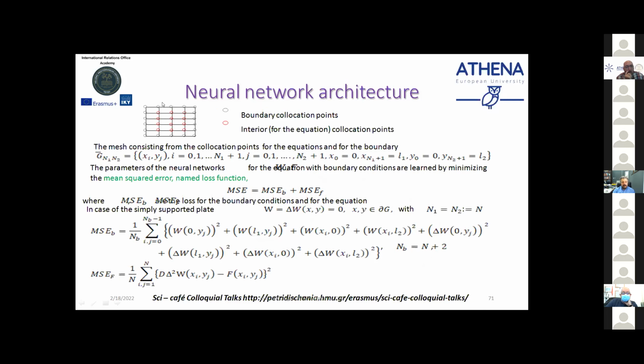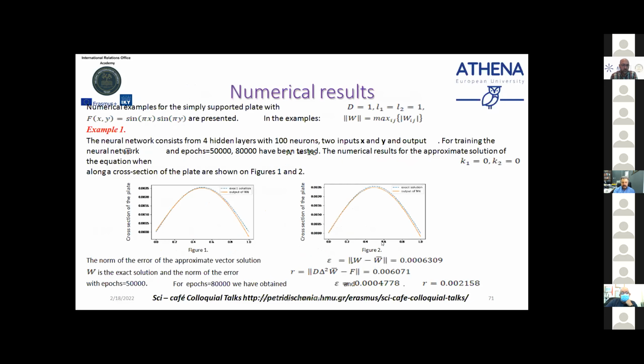In some way, the boundary conditions are given for points that are lying at the boundary. For example, here you see a number of points in the interior and in the boundary used in order to train the network, and the training is based on an error composed of an error of the differential equation, this is the second part here, and an error based on the boundary relations, this is the first part here. This is quite effective.